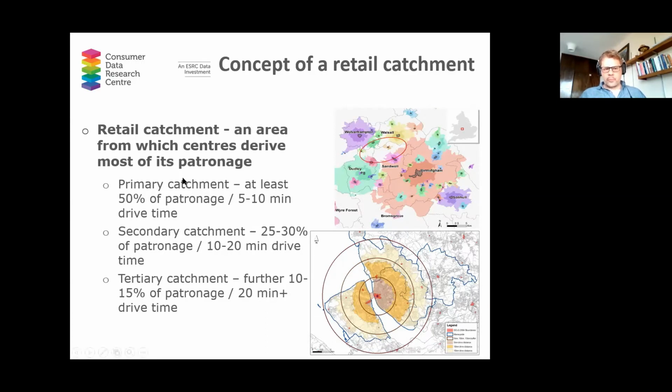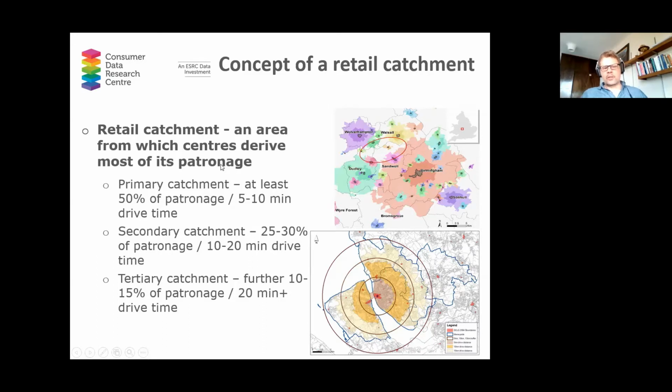You will probably also come across different terminology in relation to retail catchments, such as primary catchments and secondary catchments, often referred to in the literature and scientific reports.